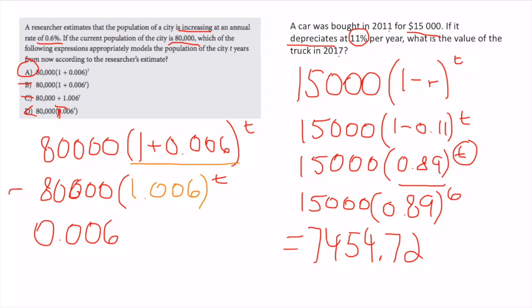Each year, again, it's worth about 89% of what it was worth the year before. If they ask for the price of the car in, say, 2012, the only difference is that instead of 6 for t, you would just plug in 1.